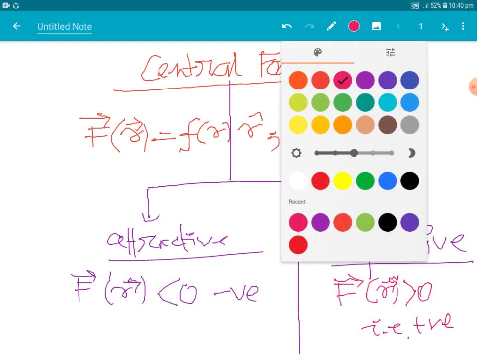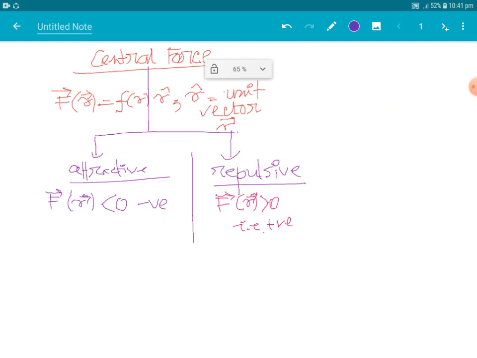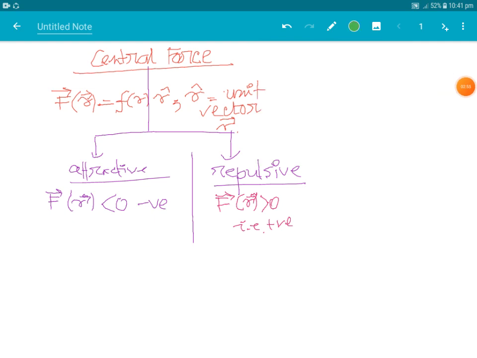So now we explain this with the help of a figure. Let a particle be moving along this path, and the particle is located at the point P, moves along this direction, and the force acting on it is directed along this, which is the F vector.